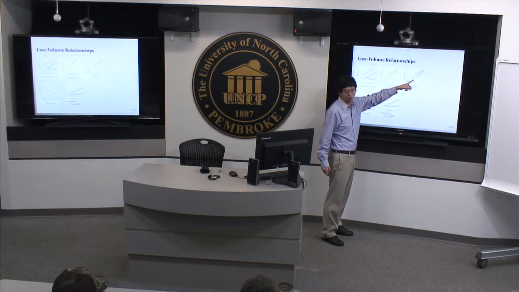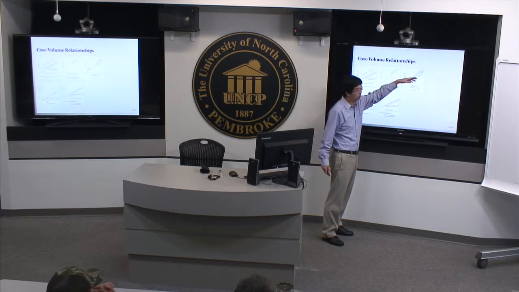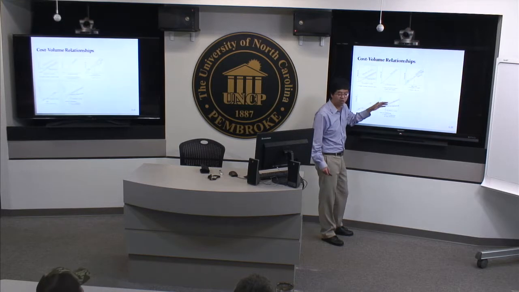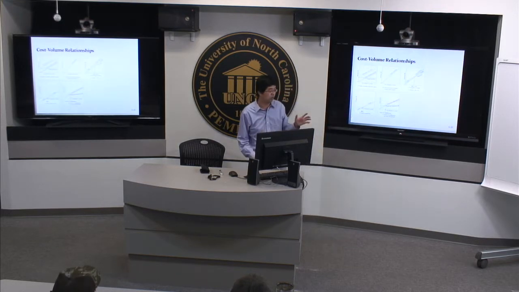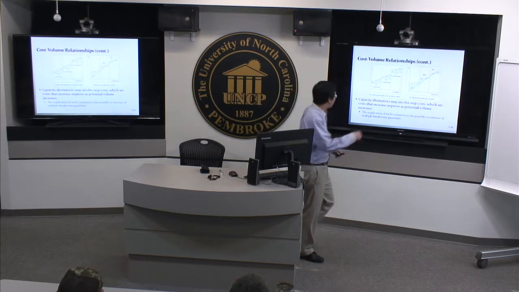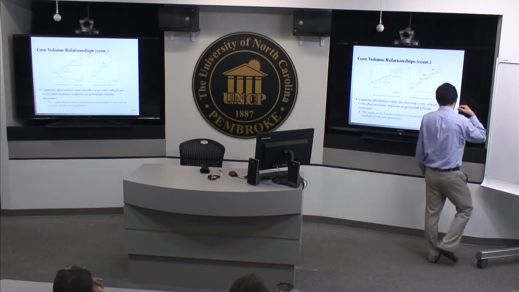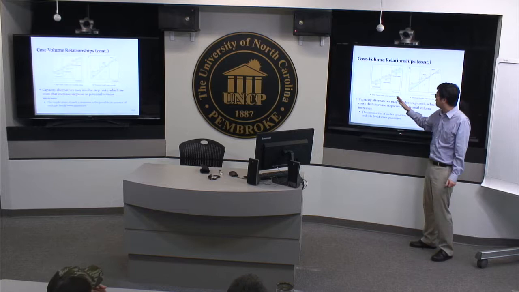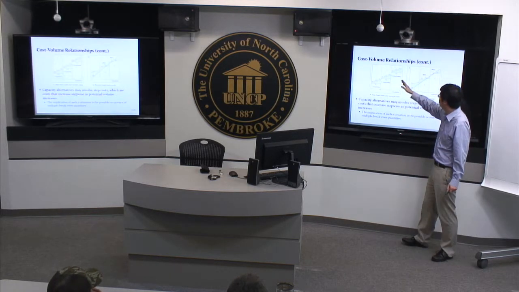The graph shows how we get the break-even point. We already have the formula, but I also want you to understand that the break-even point is the intersection point of these 2 functions, total cost and total revenue. And if we consider the example we studied on Monday, we have 1 machine, 2 machines, 3 machines.